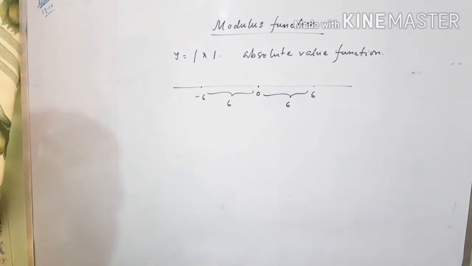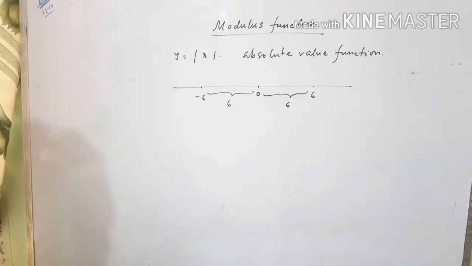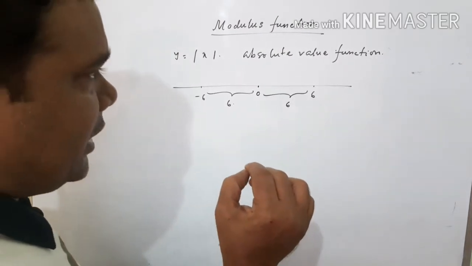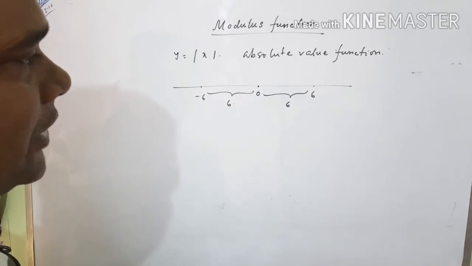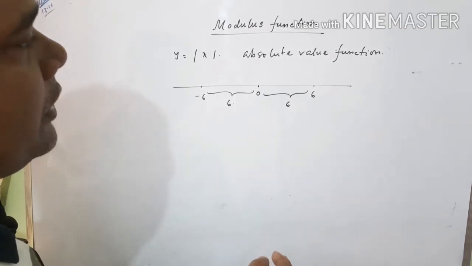So the modulus of any real number denotes the distance of that real number from the point 0 on the real line.